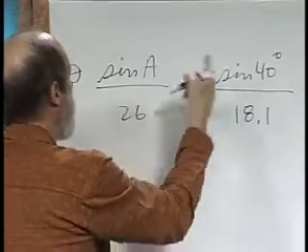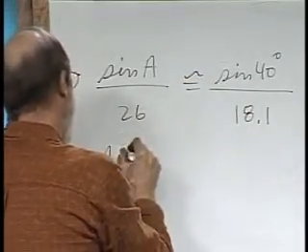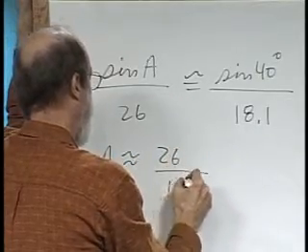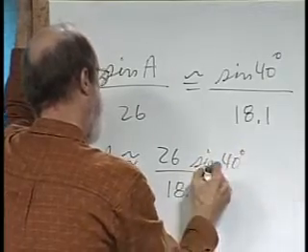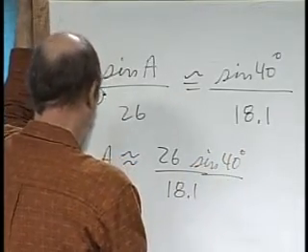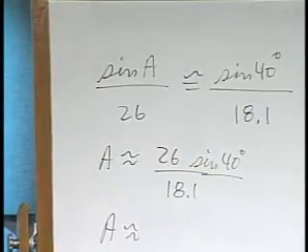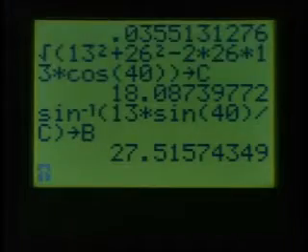Then multiplying both sides by 26 and taking the inverse sine of both sides, angle A will be equal to the ratio of 26 to the 18.1 times the sine of 40 degrees. Actually, what I can do is simply replay this expression.